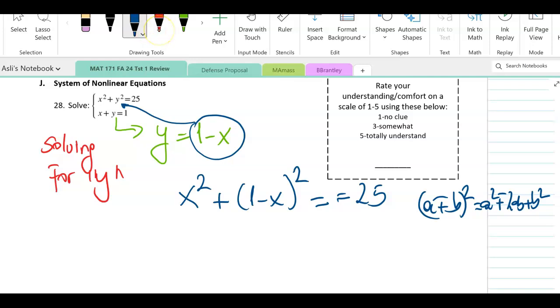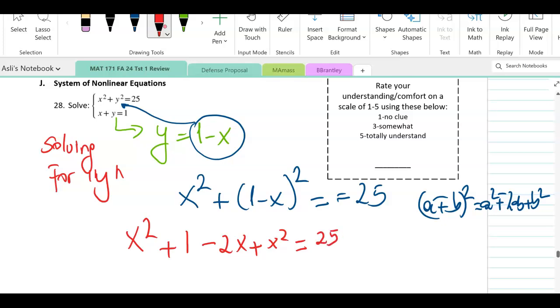So now I need to open up that term, x squared plus 1, because it's -x, that will be -2x plus x squared equals 25. Then combine like terms, 2x squared minus 2x plus 1 equals 25.